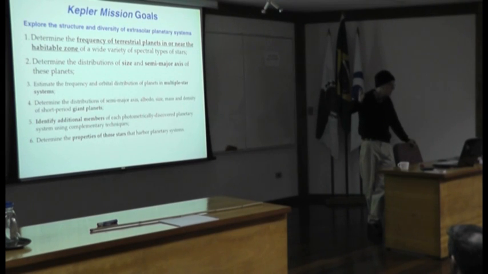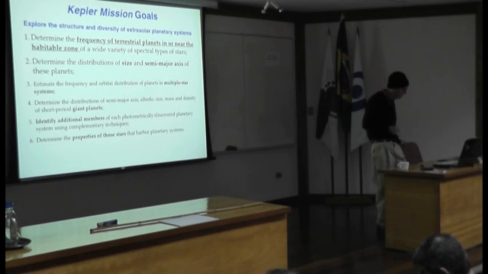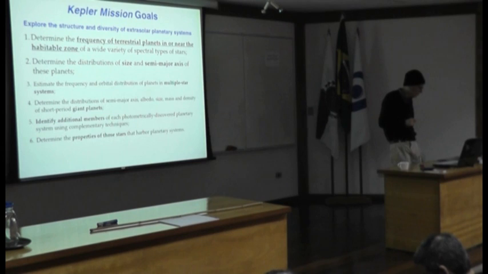Determine the distributions of semi-major axis and size of these planets, estimate the frequency and orbital distances of planets in multiple star systems, binaries, and determine the distribution of semi-major axis, albedo, etc., characteristics of the short period giant planets, because our photometry is sensitive enough to get those changes in light that I showed you for one of the planets this morning for the close-in giant planets, maybe even for one close-in rocky planet that's around a particularly bright star.